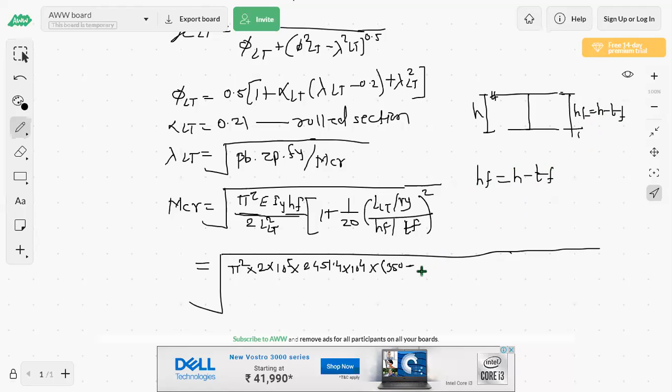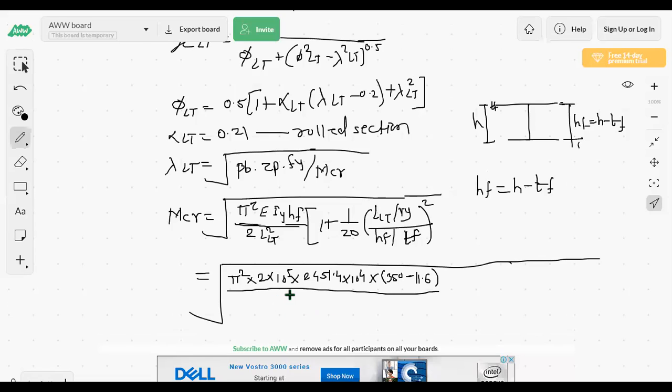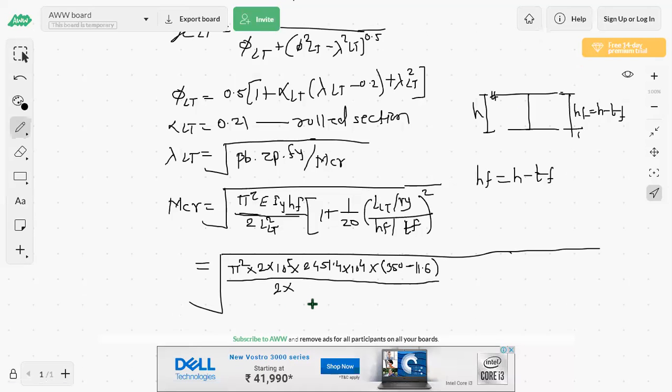So how much is TF, the thickness of flange? 11.6. Okay, 11.6 divided by 2 into LLT. What is LLT?